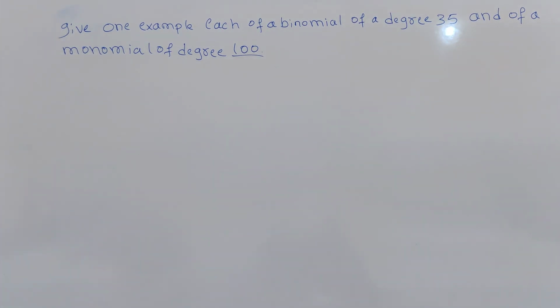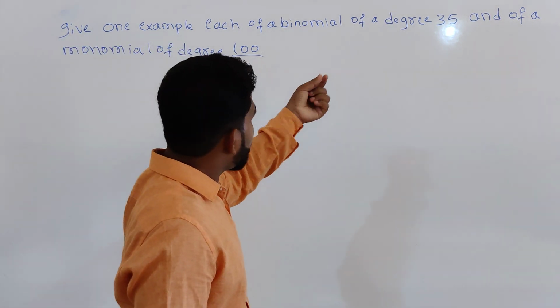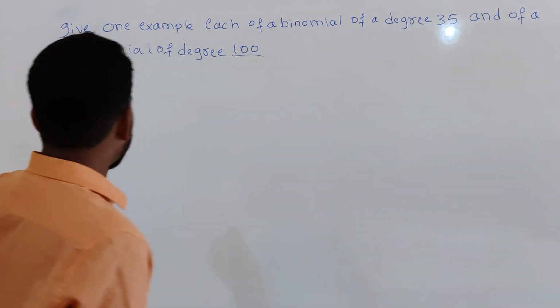They have given the question: give one example each of the binomial of a degree 35 and of a monomial of degree 100.